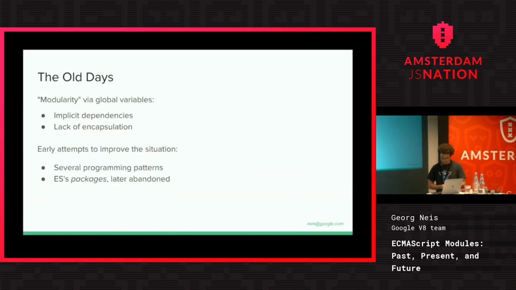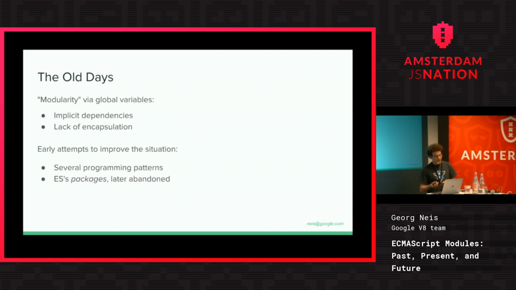So in the old days, if you have been around in the old days, you may know that the way people programmed using modules was basically just putting everything into the global scope. So if you wanted to use something like jQuery, you had to make sure that you put the script tag into your document in the right position that includes the jQuery file.